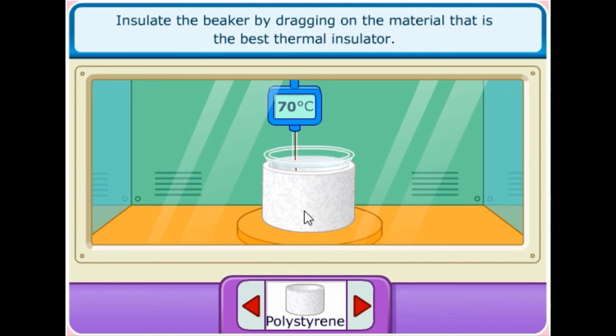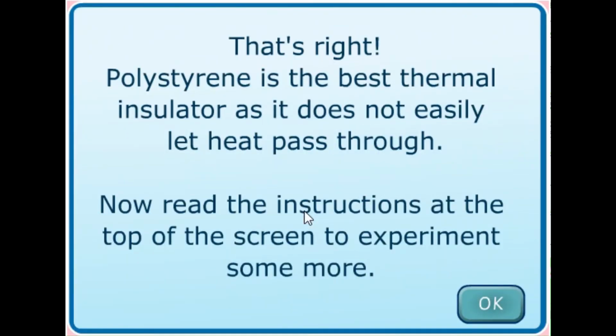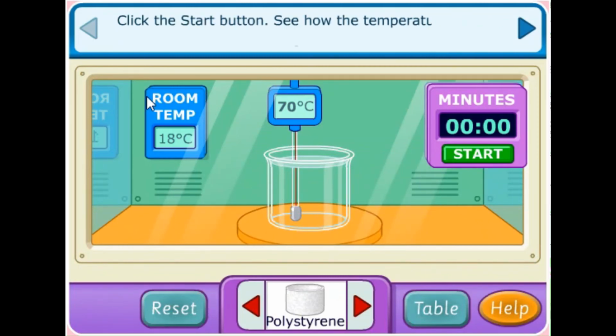The polystyrene is an excellent insulator of heat. It does not let heat pass through easily. Okay, let's try. The room temperature is 18 degrees. The beaker's temperature is 70 degrees. What will happen when we cover this beaker with polystyrene? Look at the beaker's temperature.